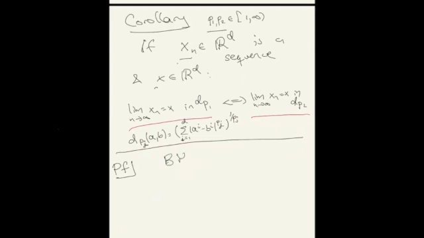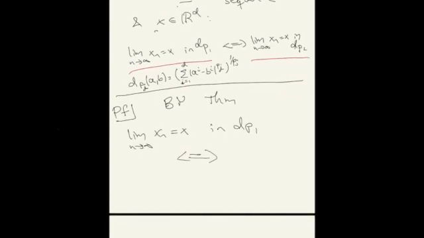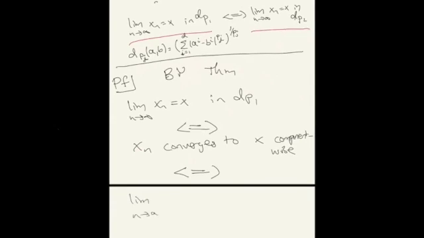By the theorem, the statement that xn converges to x in d_p1 is equivalent to xn converging to x component-wise, but then applied in reverse, xn converging to x component-wise is the same thing as the limit of xn being equal to x in d_p2. And that concludes the proof.